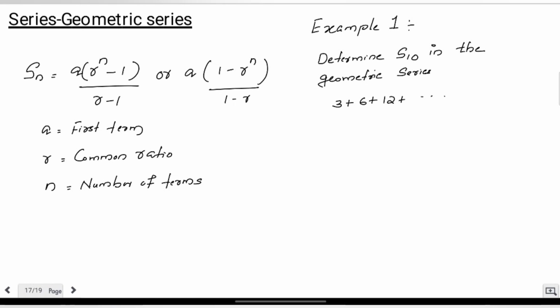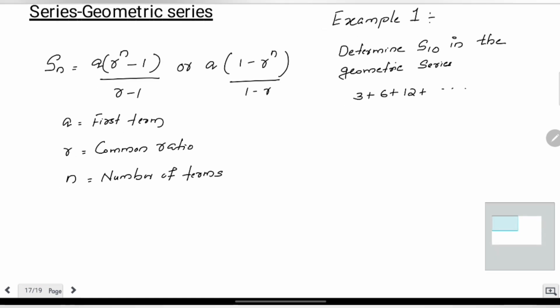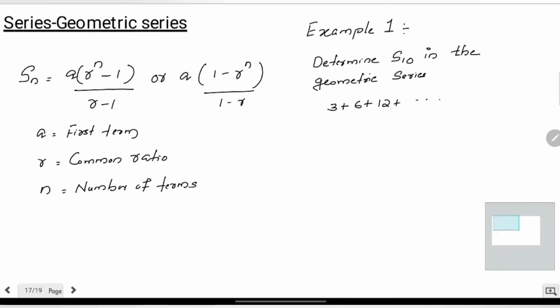There also we are using a sum formula, but here, see, this is a sum formula. There are two sum formulas. It's up to you, you can decide this one or this one. Both will give the same answer. The reason for two formulas is to avoid a negative sign.